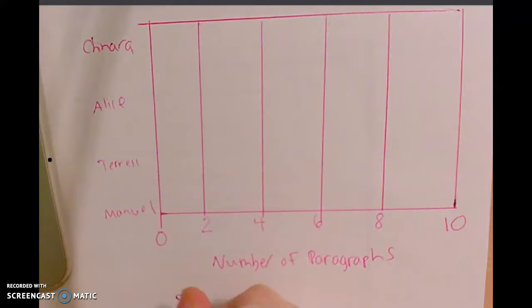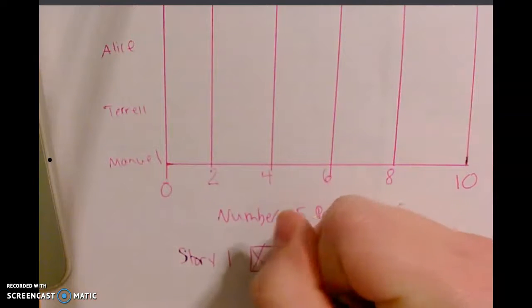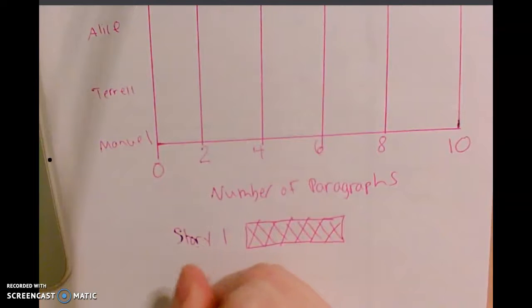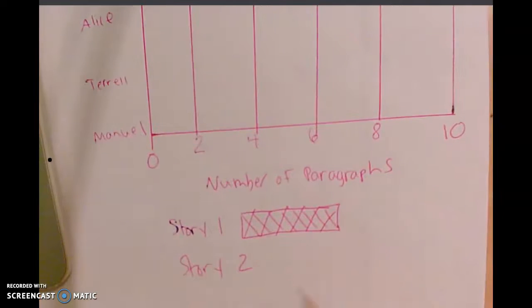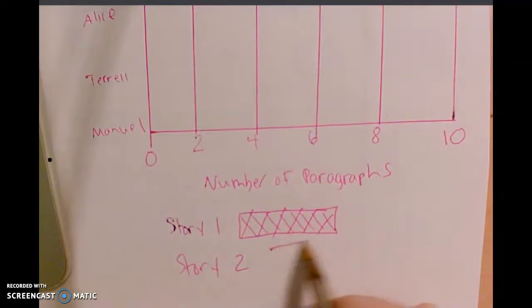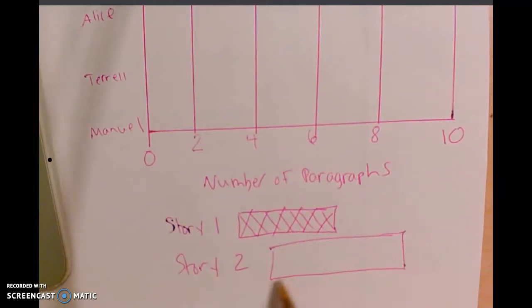Story 1, we can have it maybe with something like this designed, little crosshair looking things. Let's say story 2, and you can do your legend however you want to, as long as you show them being different. And I'll do this one all shaded in, okay?